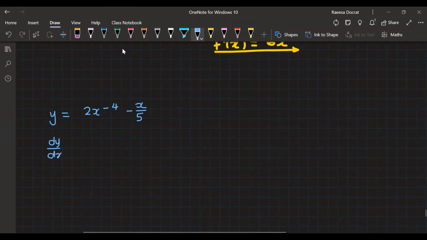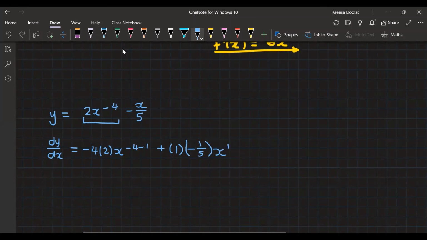So we're going to apply the rules to each term. So the derivative for this one here is multiplying the exponent by the coefficient, and we subtract 1. And then we're going to do the same thing. We're going to multiply the exponent, which is in this case 1, times the coefficient, which is minus a fifth in this case.